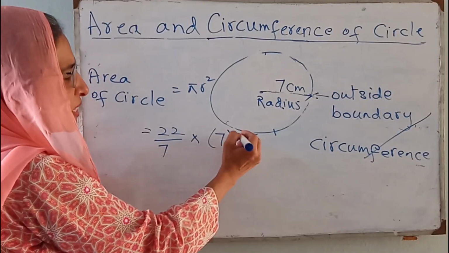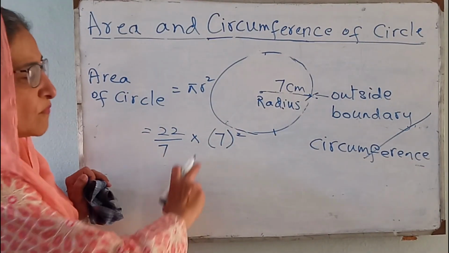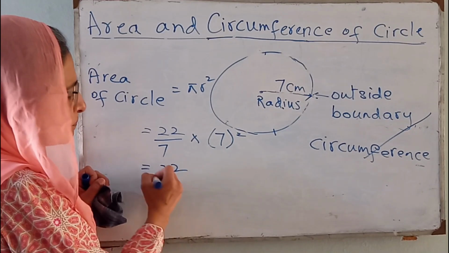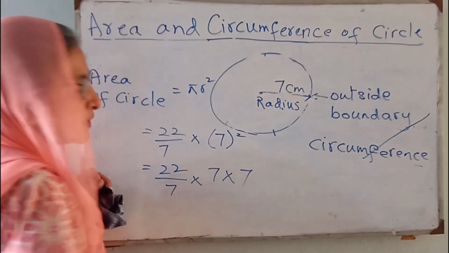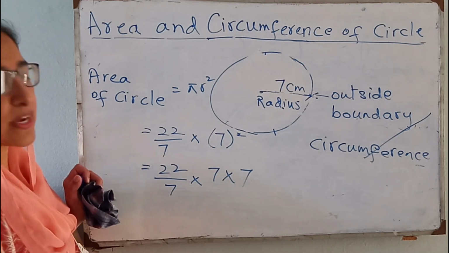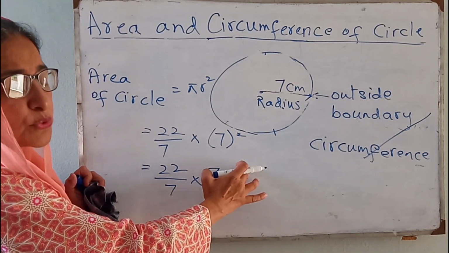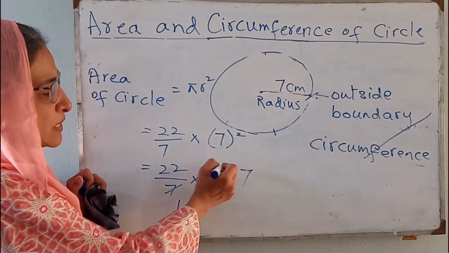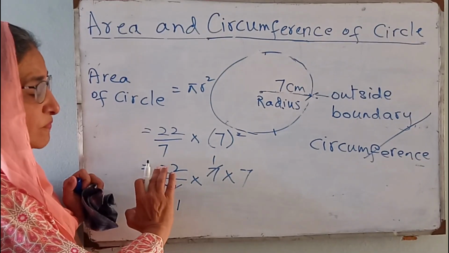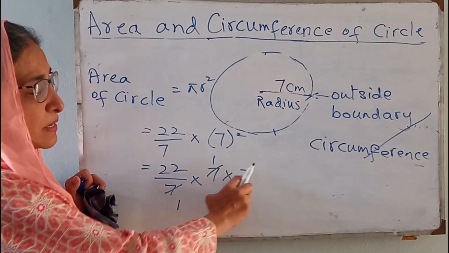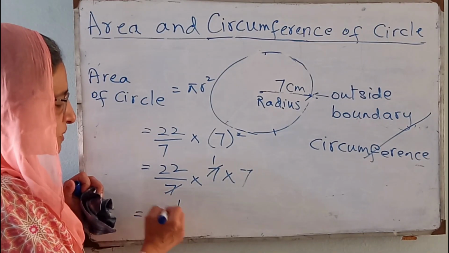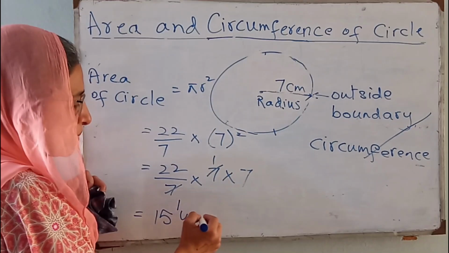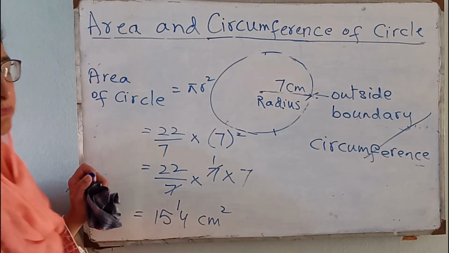That means whatever is the value of r, that has to be squared. When I say 7 square, that means 7 has to be multiplied 2 times. Now when we have to simplify, we can cancel one number from the denominator and one from the numerator, and we are left with 22 multiplied by 7. 22 multiplied by 7 is 154. Since it's area, it is a square value.